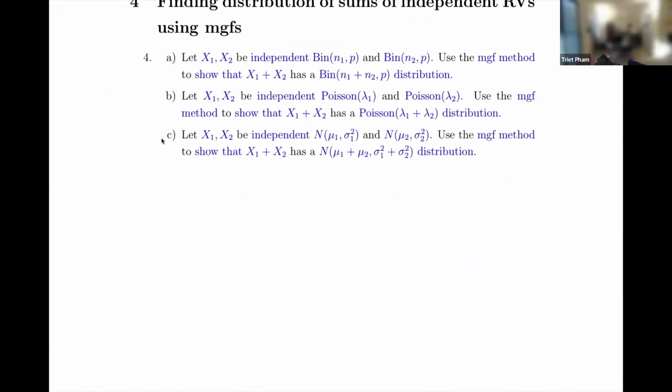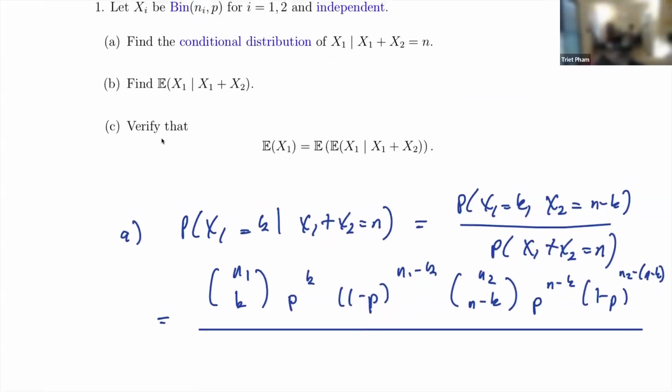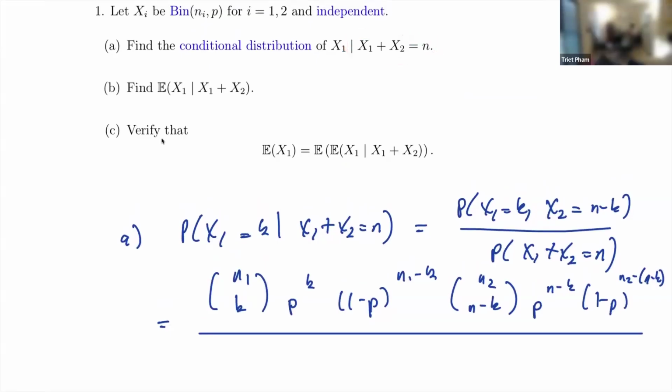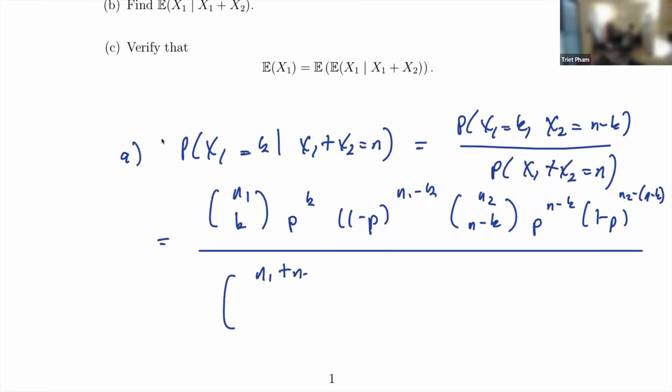And so item A is exactly what we need for the current problem. Using that knowledge, x1 plus x2 will be a binomial with success probability p and total number of trials n1 plus n2. Any questions so far?